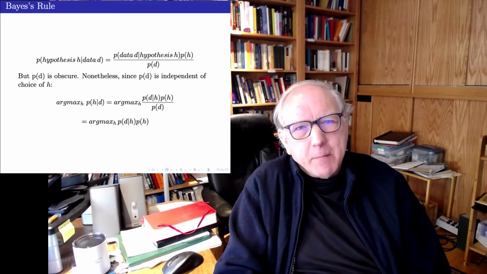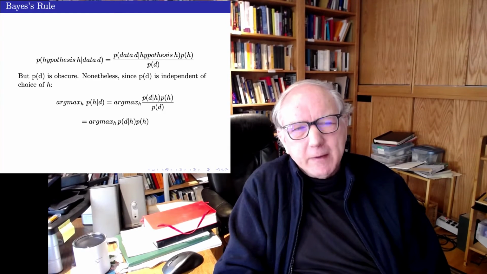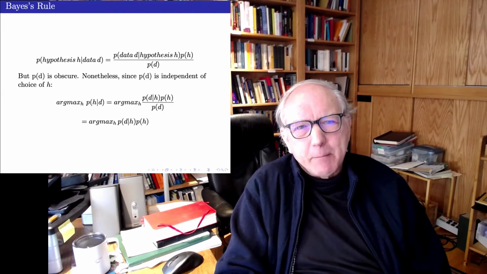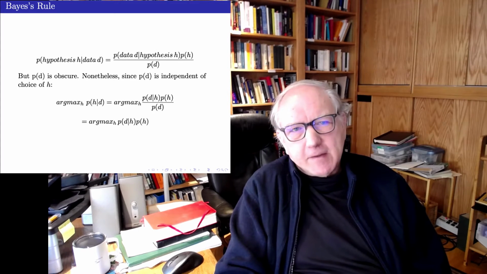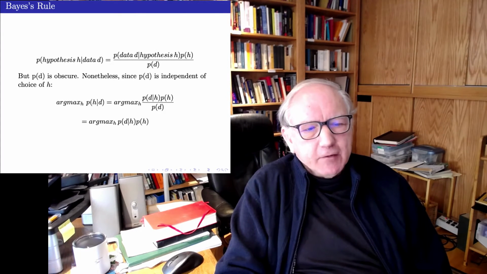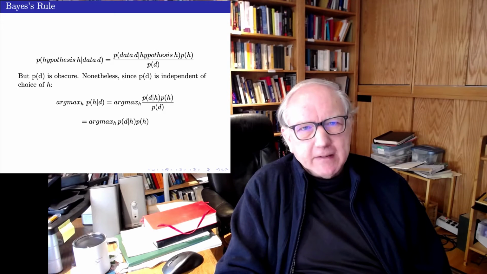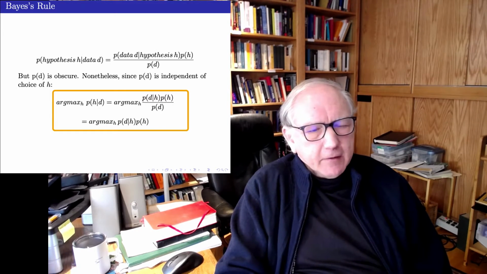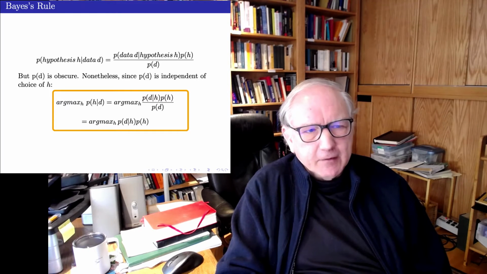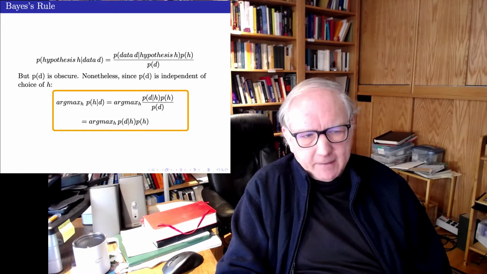I don't care that much about what the probability is, but what I care about is basically ranking different hypotheses. That's what science is about, after all, you might say. And in that case, we can say the following: argmax, as we consider all hypotheses, of the probability of the hypothesis given the data.